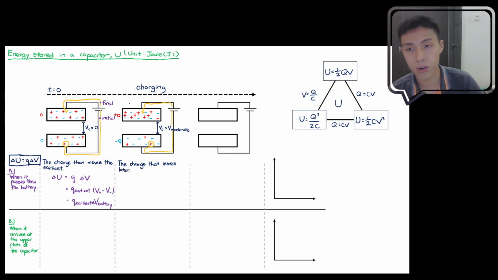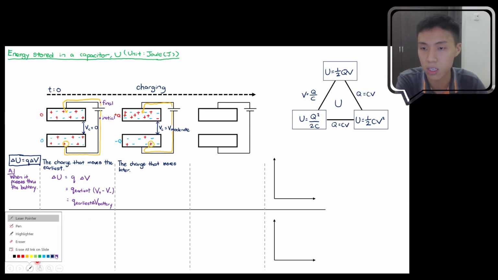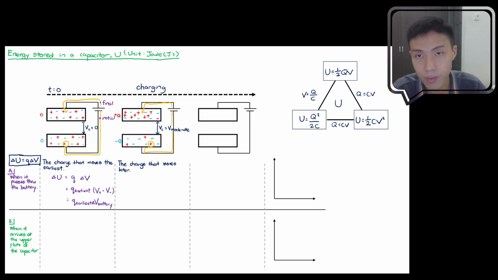If you again focus on the journey when it passes through the battery, you can see that it's the same initial and the same final. During the charging process, you are definitely not swapping the battery. It's still the same battery throughout the process. So you can confidently say that the potential difference, V final minus V initial, will still be V battery.